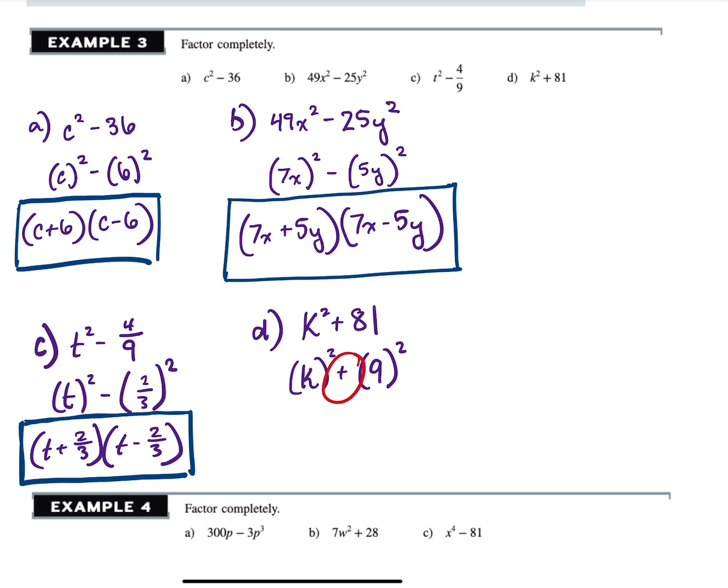So in this case, this is not a difference of squares. So we'd have to try to factor it some other way. In this case, we'll just have to call this prime. It's not factorable into two more simple factors.